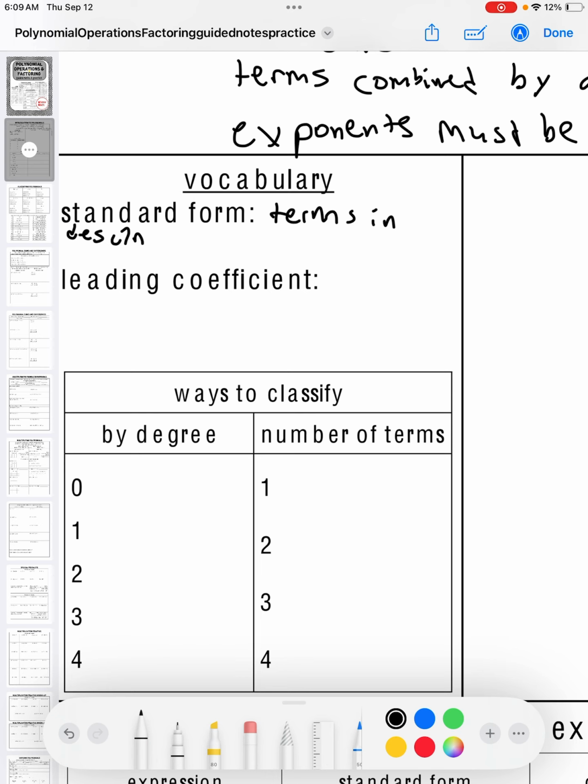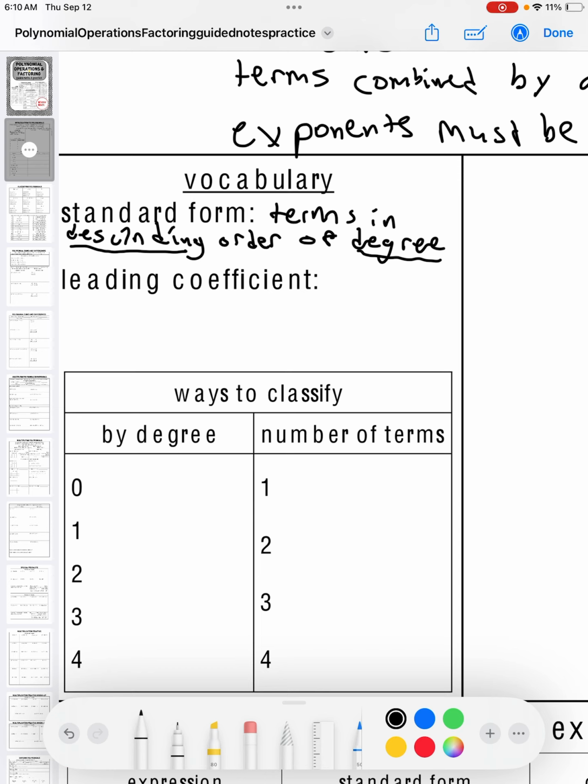The terms in descending order of degree. Descending just means that it's going from the highest to the lowest, and for a polynomial it's based on the degree. So it's the descending order of degree. We'll talk about degrees here in a second.